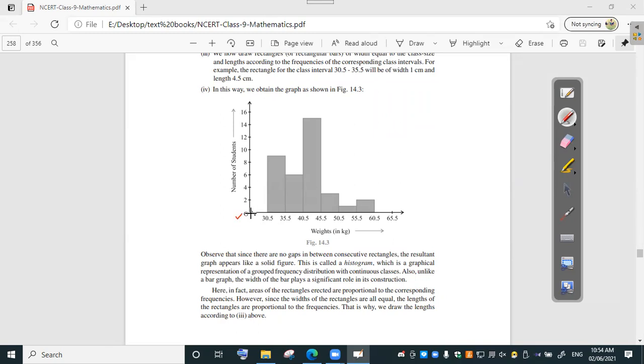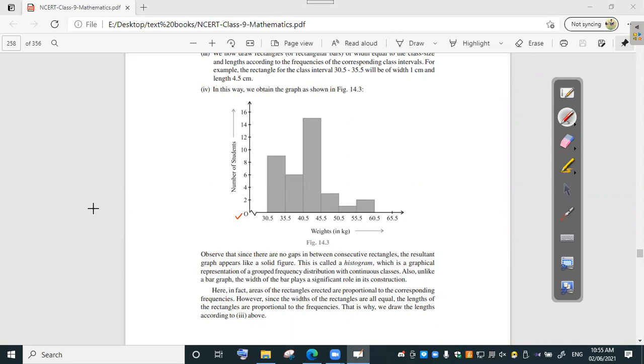But from 0 to 30.5, if you write 0, 10, 20, there is no need of writing this part. So that part is shrunk. You can say they have shrunk that part. So that part is not required.